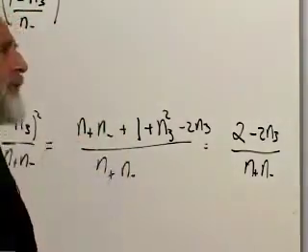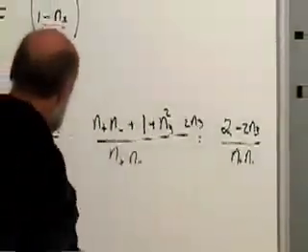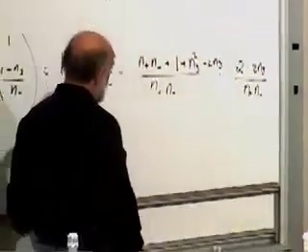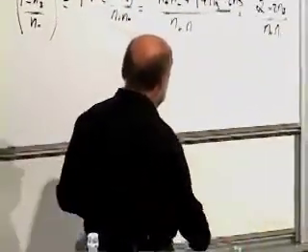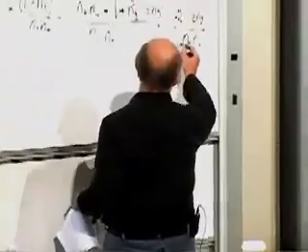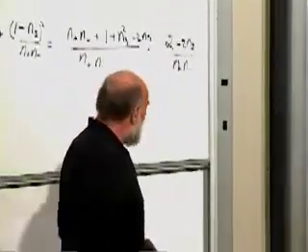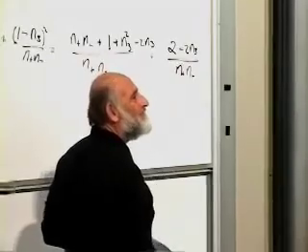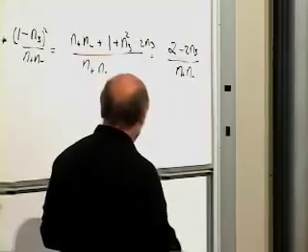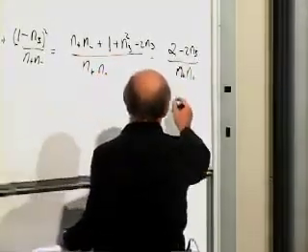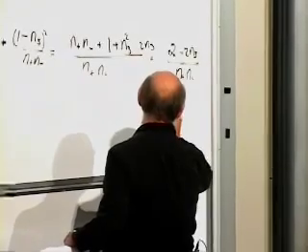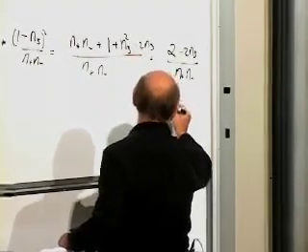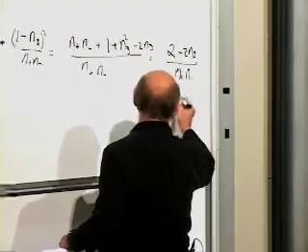Can simplify it a little bit further. Yeah, this is 1 minus n3 squared downstairs. I'm not going to do all the algebra. I'm just going to take you a little ways. First of all, there's a 2 outside. Then there's a 1 minus n3 in the numerator.